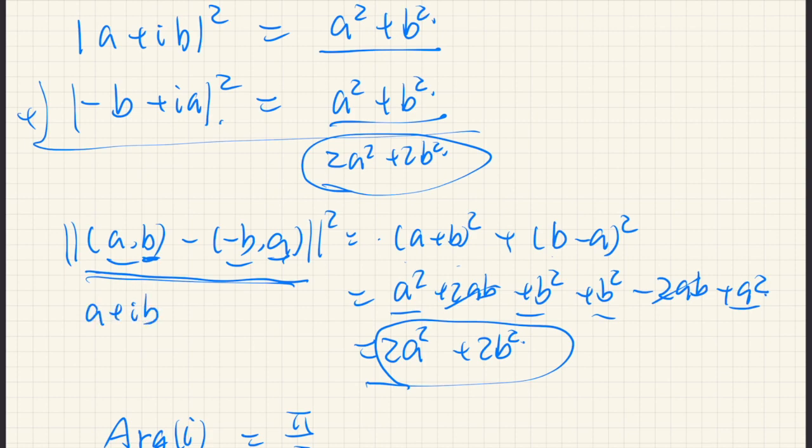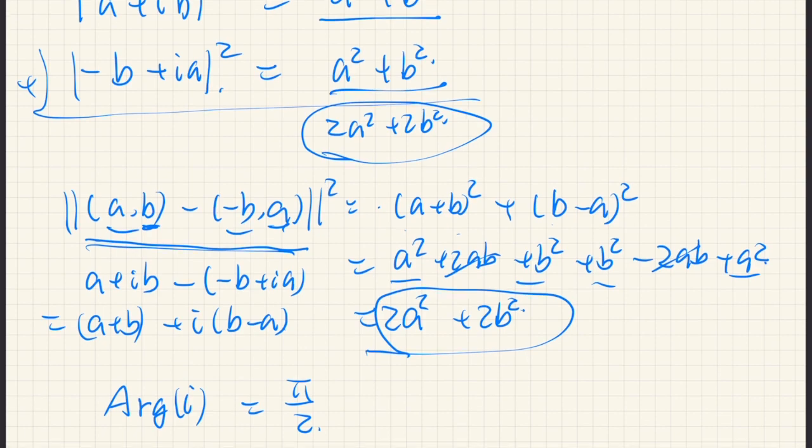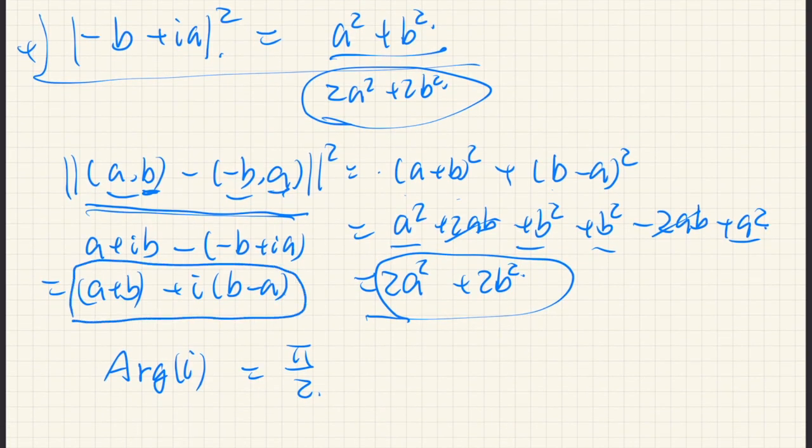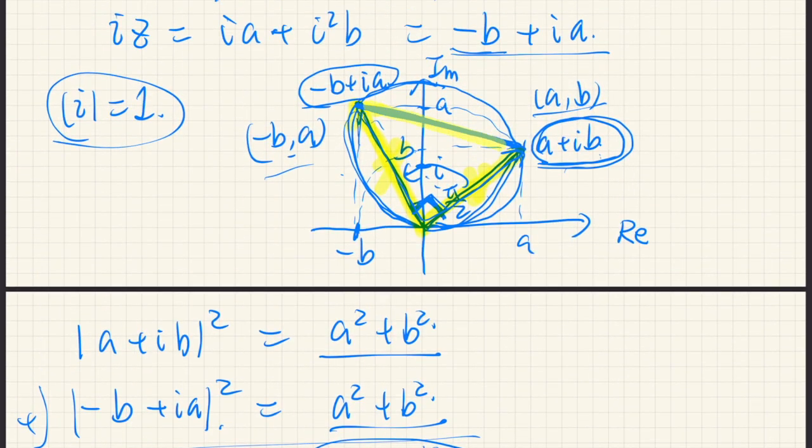So (a plus ib) minus (b plus ia) is (a minus b) plus i(b minus a). If we calculate the absolute value of this complex number, we have a plus b and b minus a. So the length of this edge corresponds to the absolute value of the difference between two complex numbers.